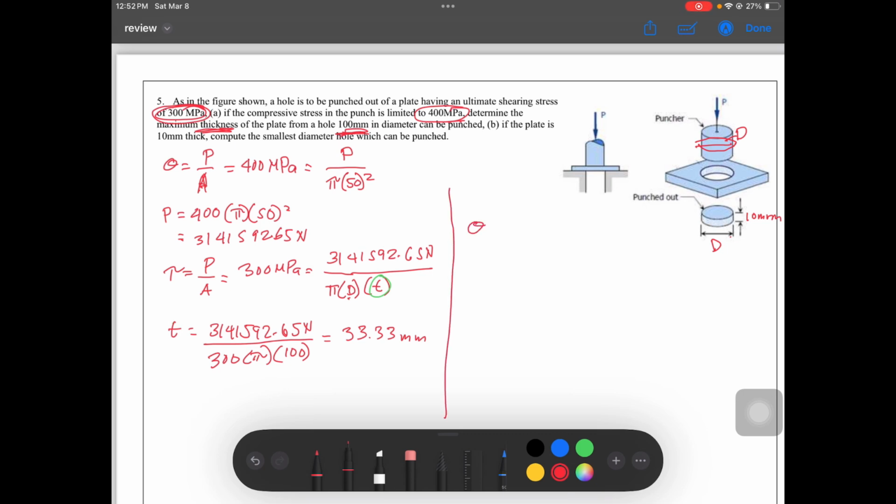So, compressive stress na P over A is equal to 400 MPa. Wala tayong P dito. And so is diameter.